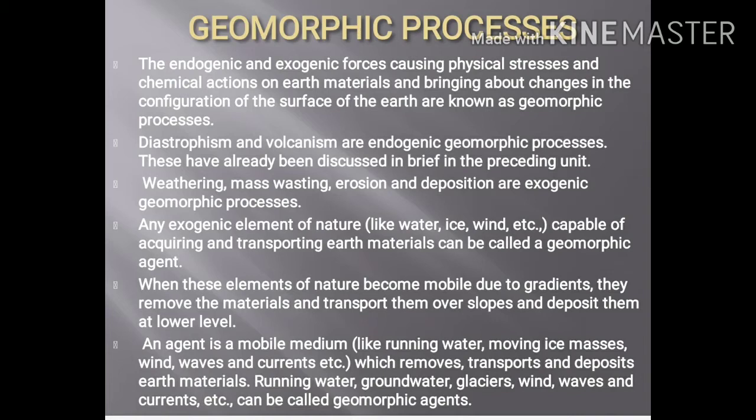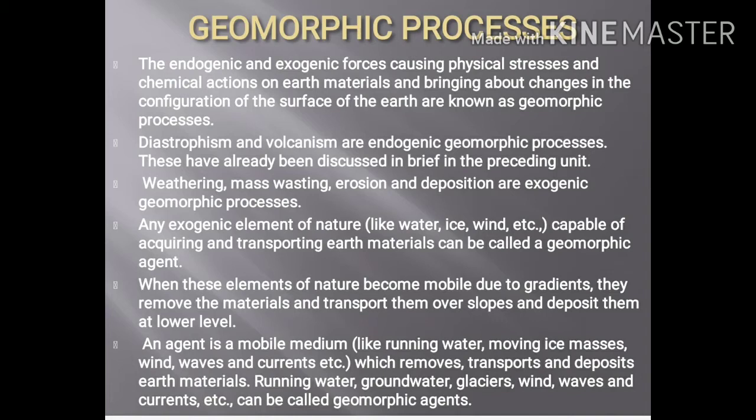Weathering, mass wasting, erosion, and deposition are the exogenic geomorphic processes. These all topics will be covered in the later part of this chapter. In endogenic processes, we'll discuss diastrophism and volcanism, and in exogenic processes, we'll discuss weathering, mass wasting, erosion, and deposition.